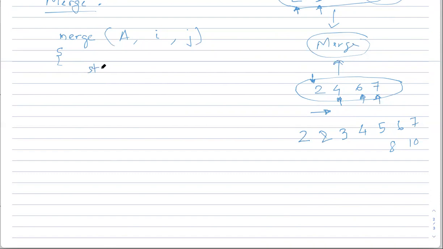Let's say start is equal to I, and then you have to calculate the mid, which is going to be (I plus J) divided by 2. And then you have k equal to mid plus 1, and L is equal to I.